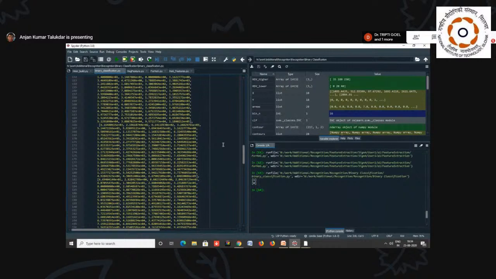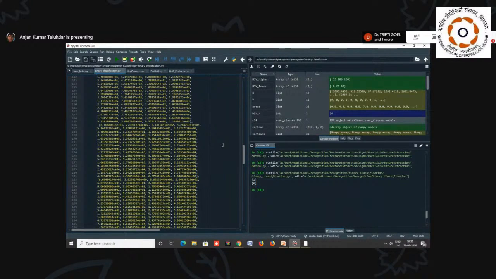See, you can observe his or her gesturing, whether it is okay or not.